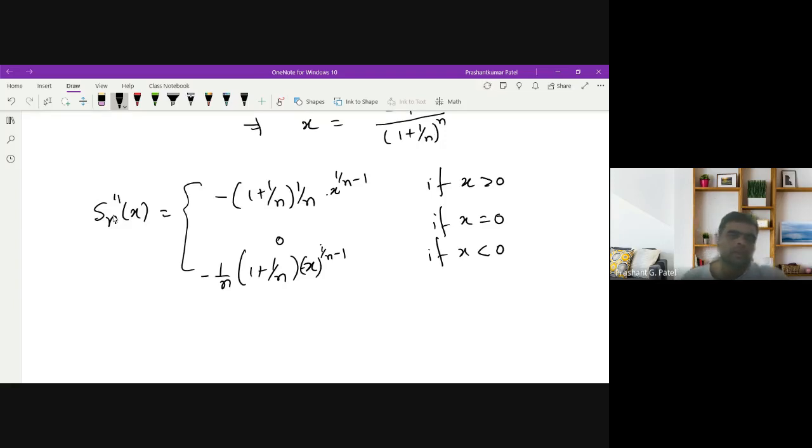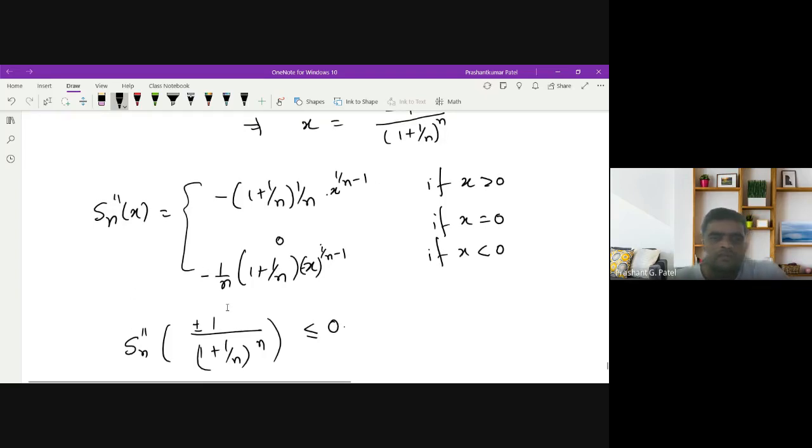And one can note that if Sn double dash at the point 1 upon (1 plus 1 by n) power n, if I substitute the value of x here, then this is negative. Okay, so this is negative, and this is also negative. So I can just write down plus or minus instead of plus, because both of these values give you negative.